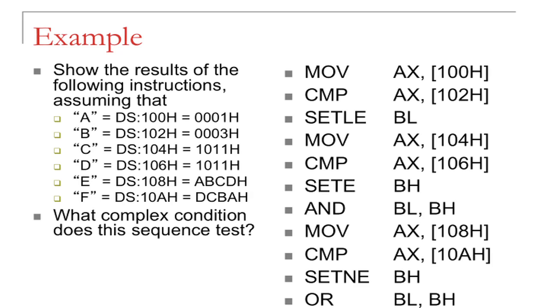But this value in BL really tells us whether these conditions are true or not, whether both of them are true or only one of them is true. Because when BL has FF, that's only possible when both of these conditions are true. We don't need that operation to show that they are true. We can check that without the AND operation.